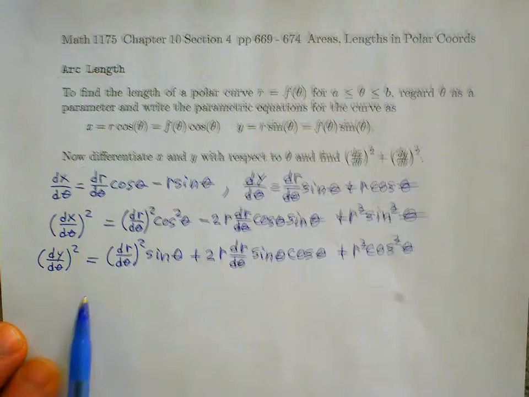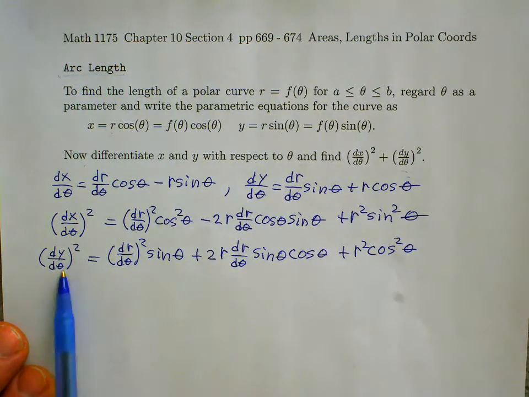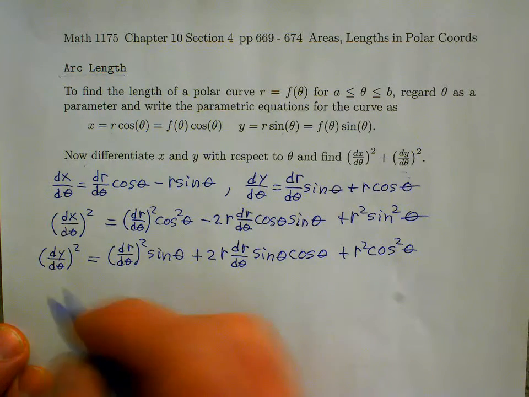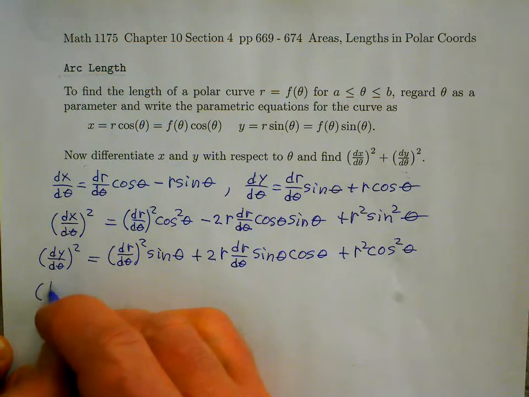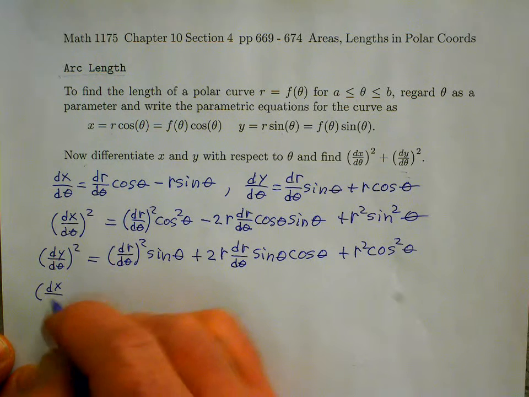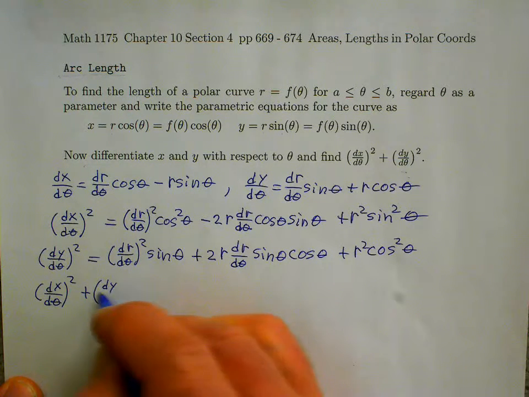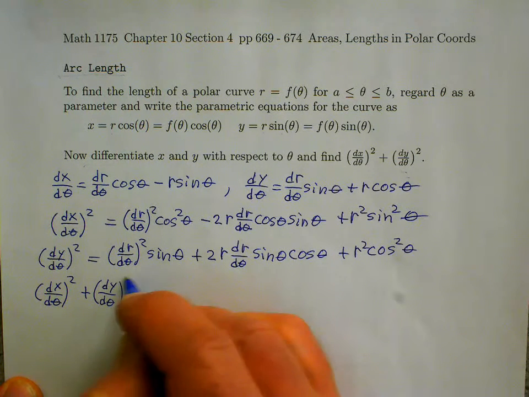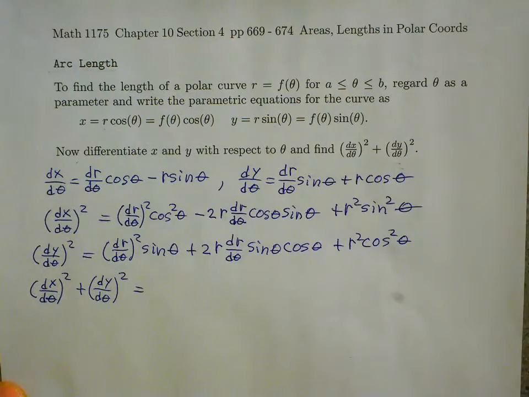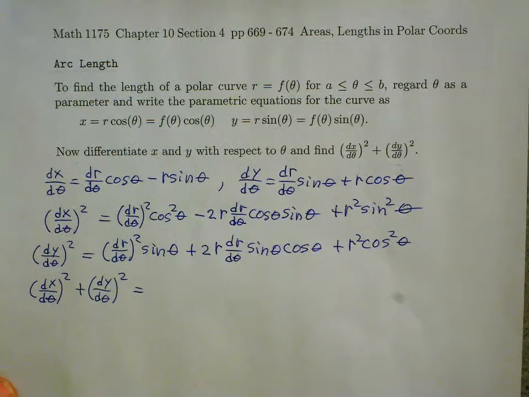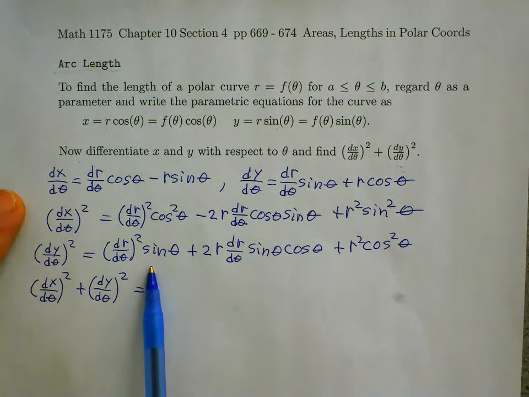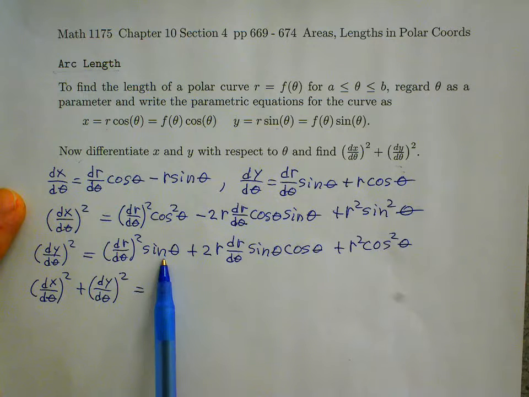Then when we add dx d theta squared to dy d theta squared, we'll get some cancellations here. Let's see, I need to square this sine of theta, right?